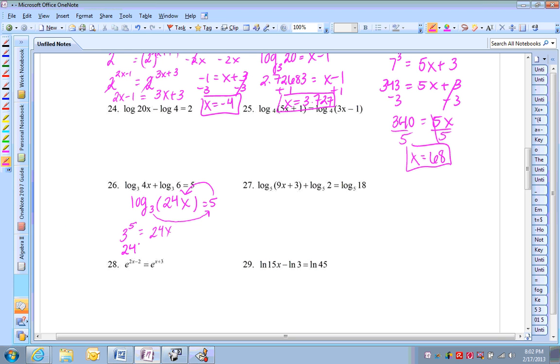So 243 equals 24x. Then we just need to divide both sides by 24. And x equals 81 over 8, or x equals 10.125. Either answer is acceptable.